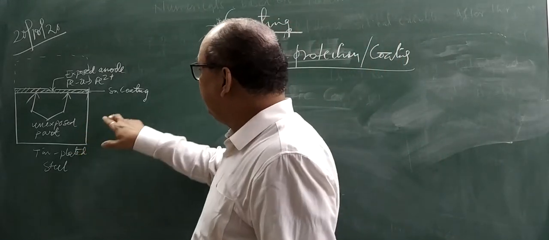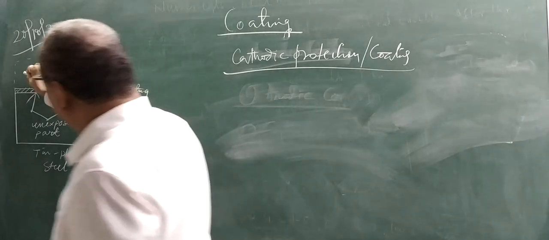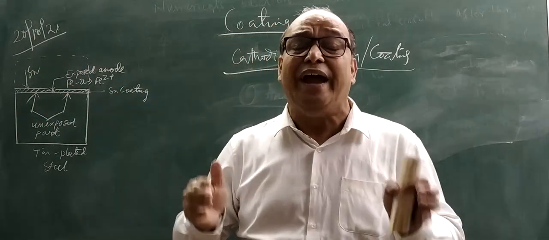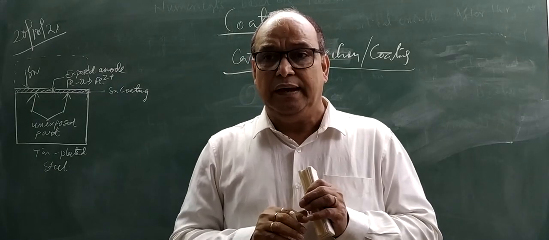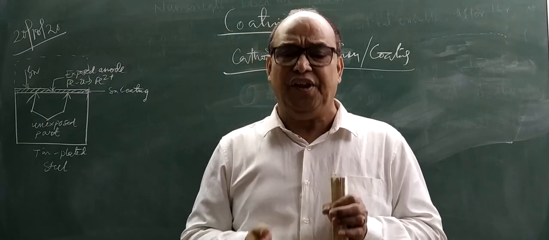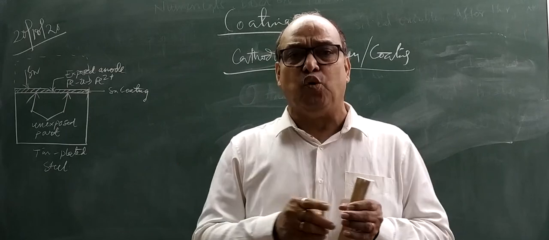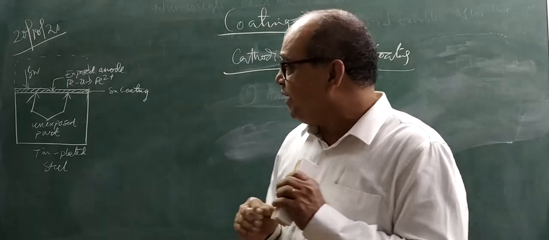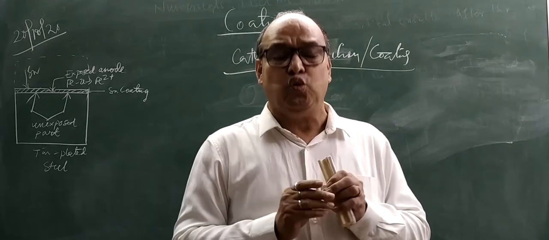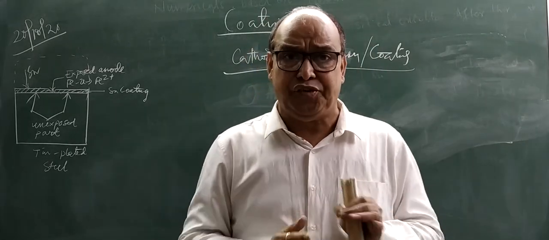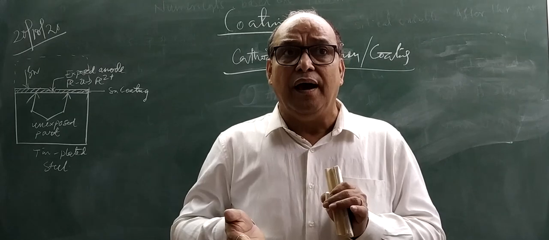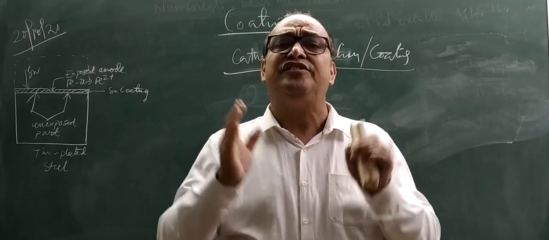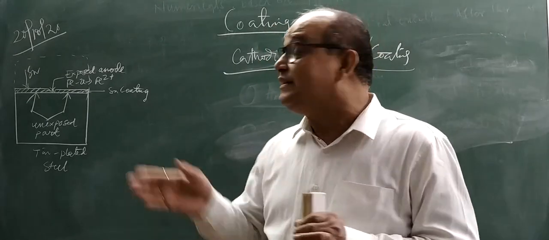Here it is written, tin coating, it is tin. Tin stands below iron in the galvanic series, and therefore it is more passive, it is more noble than iron, and therefore the basic principle on which this coating works is that, being more noble, it is more corrosion resistant than the base metal.